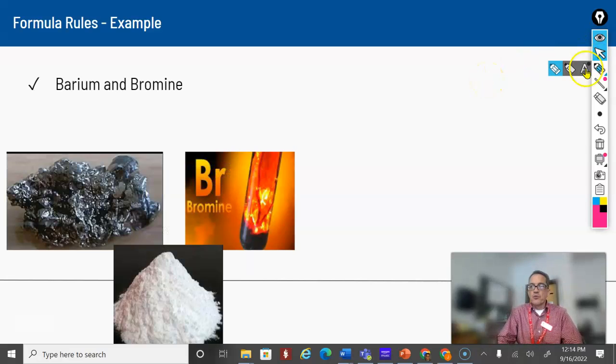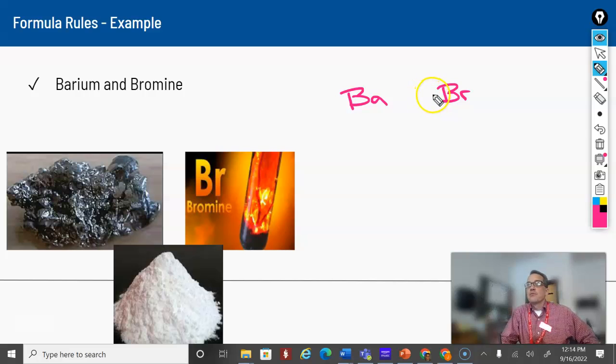All right. Again, if we did another one, barium and bromine, real fast. Barium's the metal. Bromine's the gas. All right. If I look on the periodic table, barium is in group 2. So that's a +2 charge. Bromine is in group 17. So that's a -1 charge. Do a little crisscross action here. So the 1 ends up going over here.